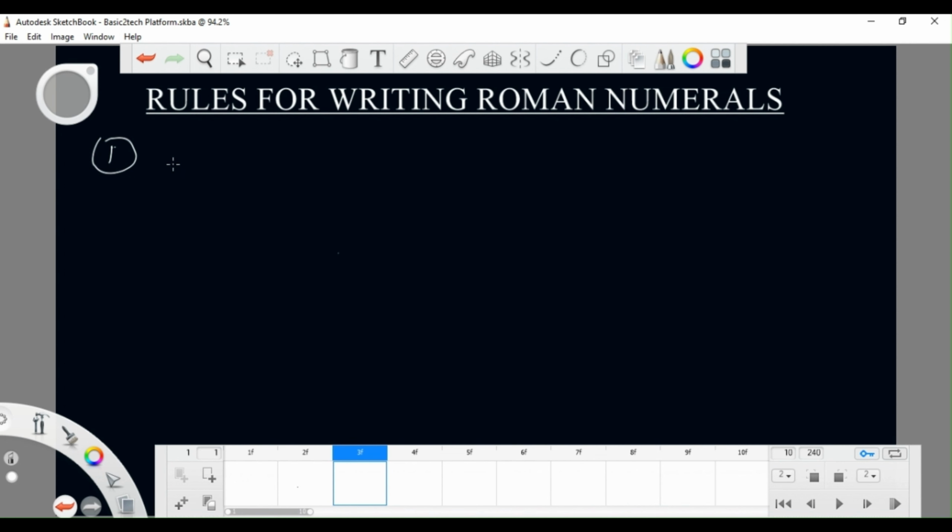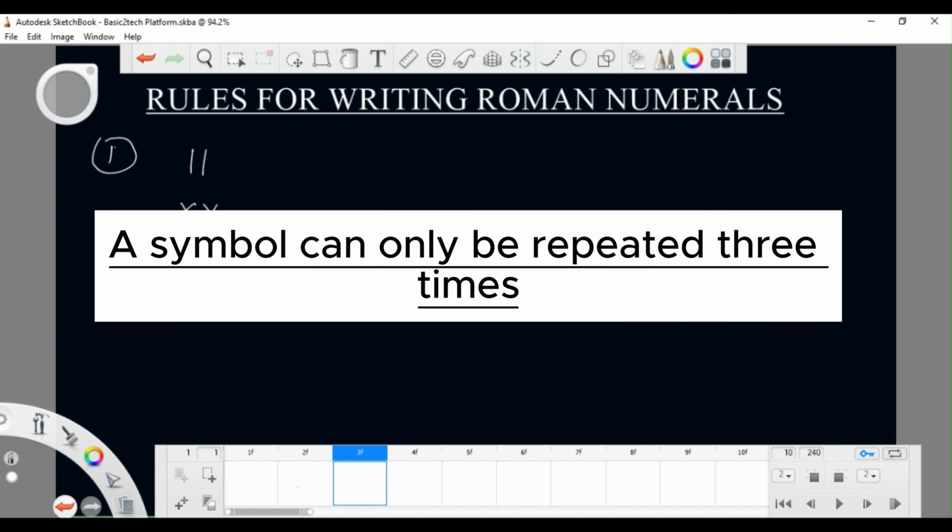For example, we can have I, we can have XX, we can have XXX. Now, please, you must note that a symbol can only be repeated 3 times.